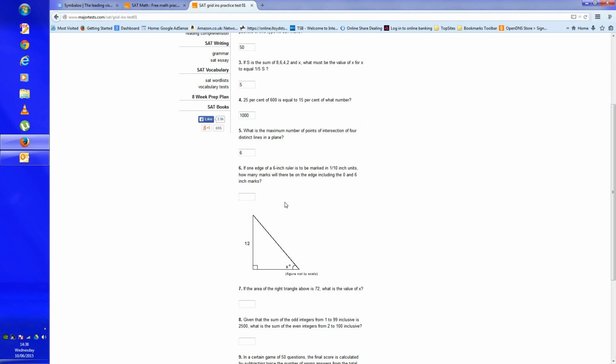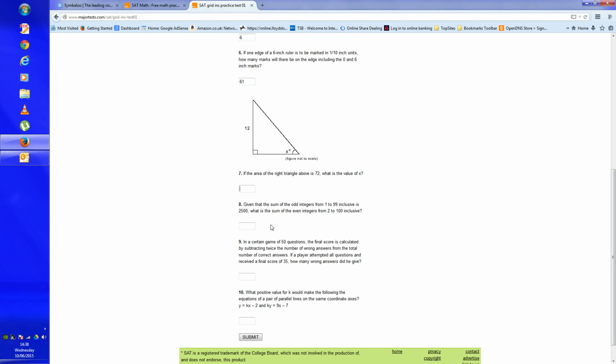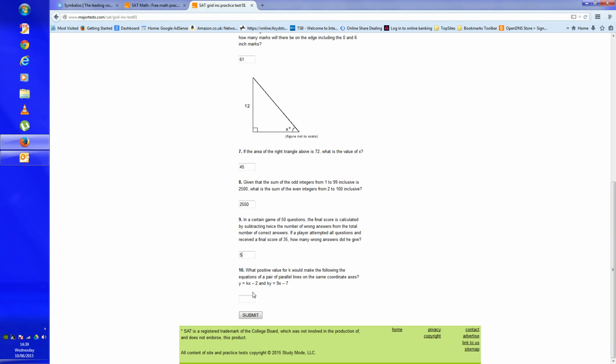So let's go through these. 61, 45-degree angle. 8 would be 2550, 5, 3. Let's submit, right?